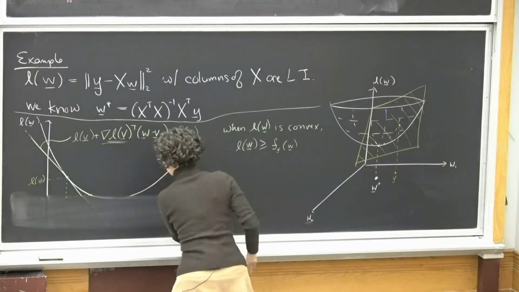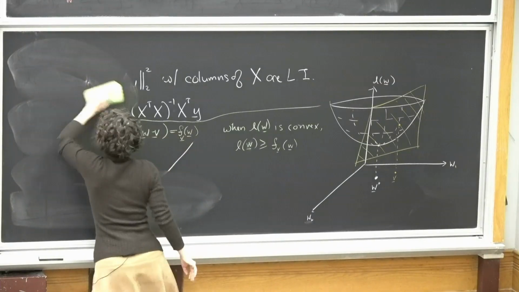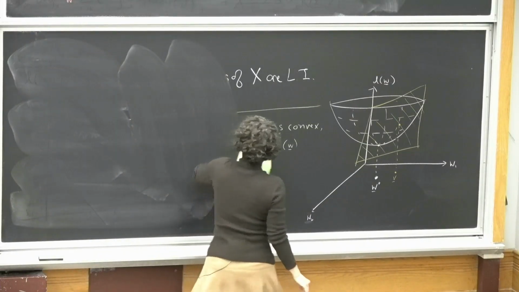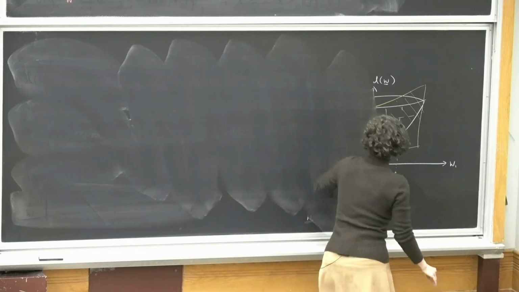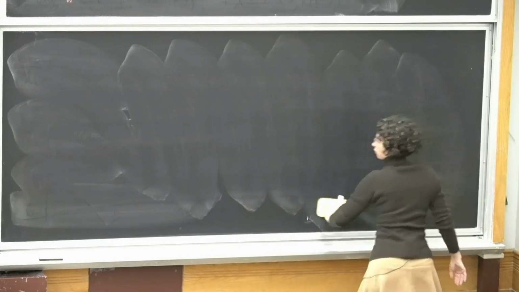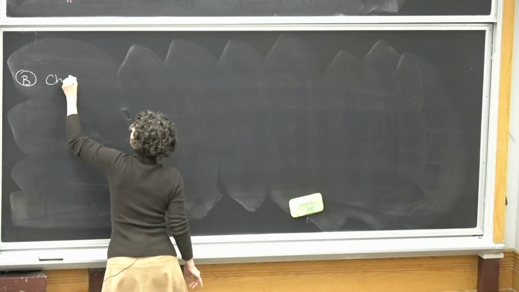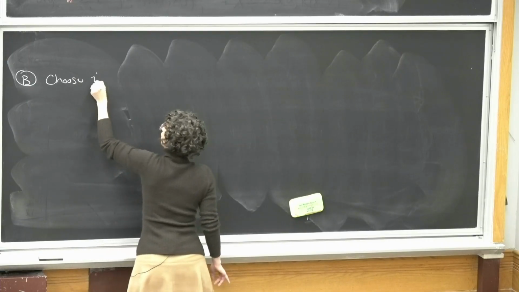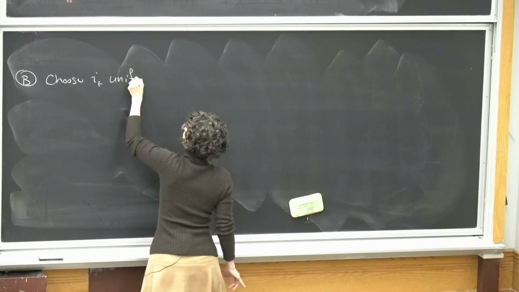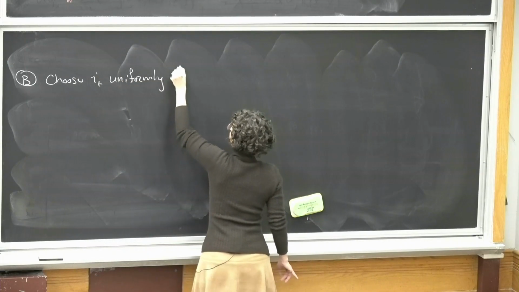When it comes to theory and proving these things converge, and that you're actually going to find the minimizers of your loss, it's much easier to work with a purely stochastic version. So just choose I_t uniformly at random.